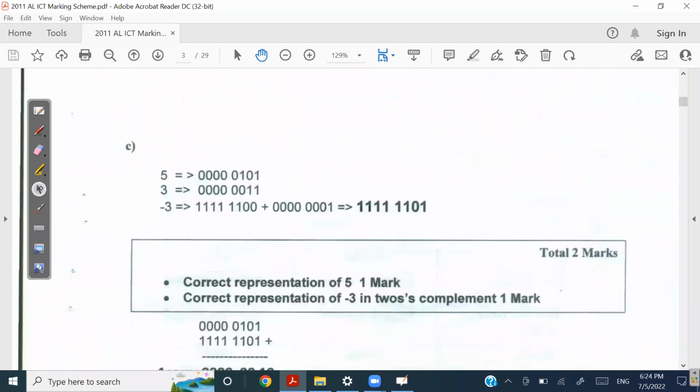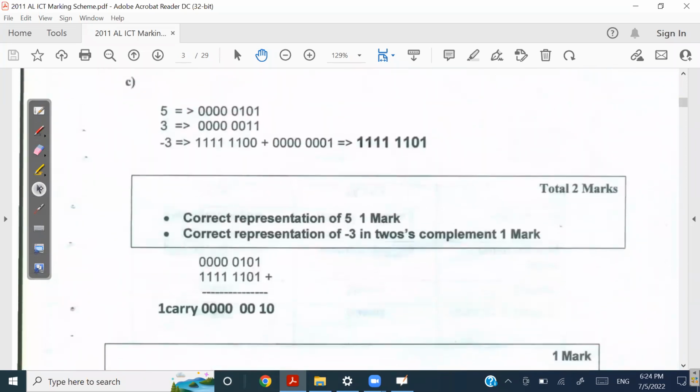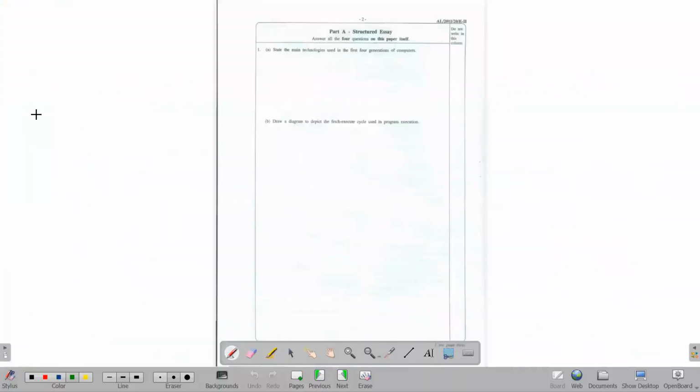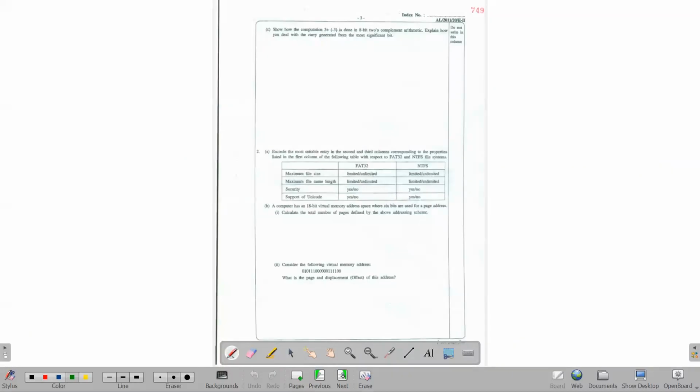Then in part C, they were asking you to do a calculation using 2's complement 8-bit representation. So the calculation is 5 minus 3, I guess. Is it so? Yeah, 5 plus minus 3, it says.